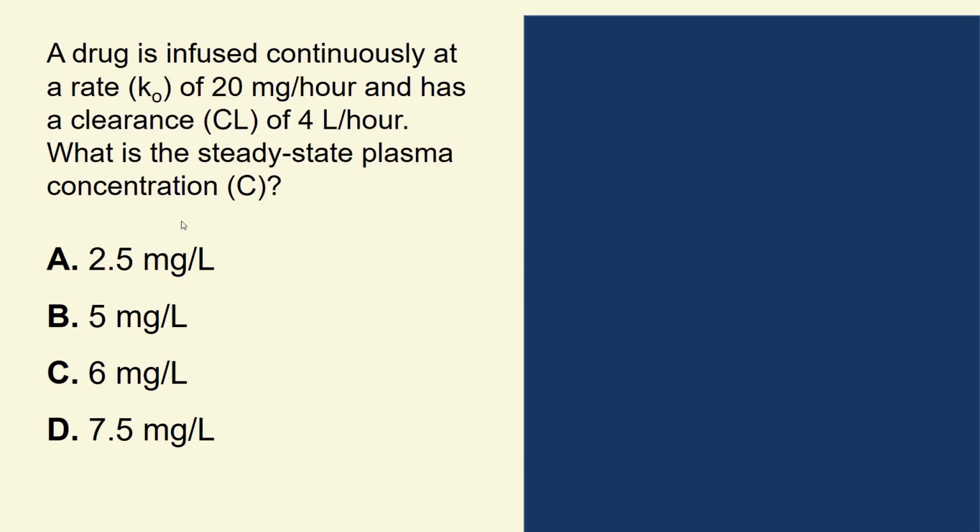A drug is infused continuously at a rate of 20 milligram per hour and clearance is 4 liters per hour. What is the steady state plasma concentration? Well, use this formula, which is rate of infusion divided by clearance, and pause the video and calculate and see what would be your answer.